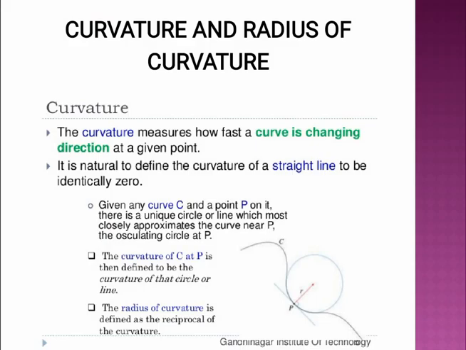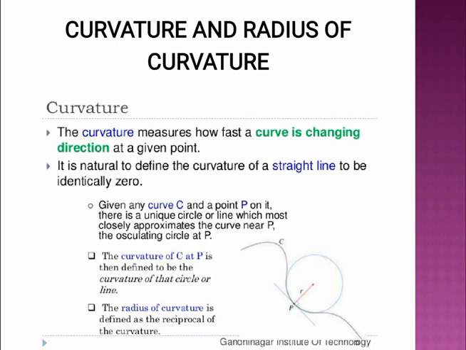The next one is curvature and the radius of curvature. The curvature measures how fast a curve is changing direction at a given point. It is natural to define the curvature of a straight line to be identically 0.